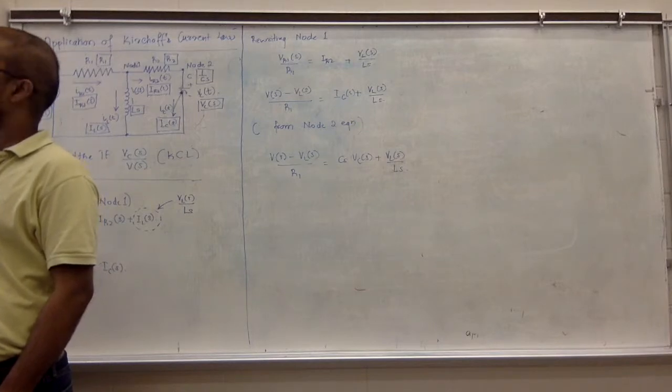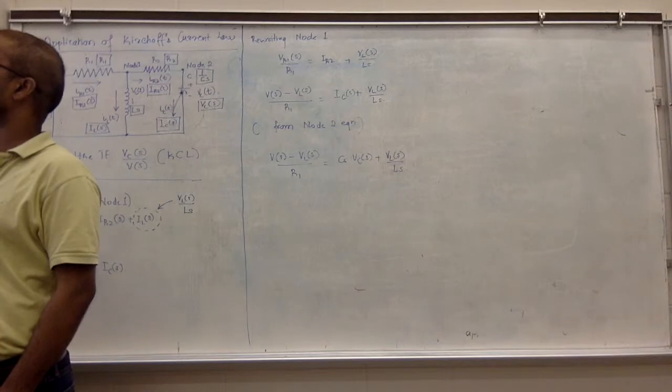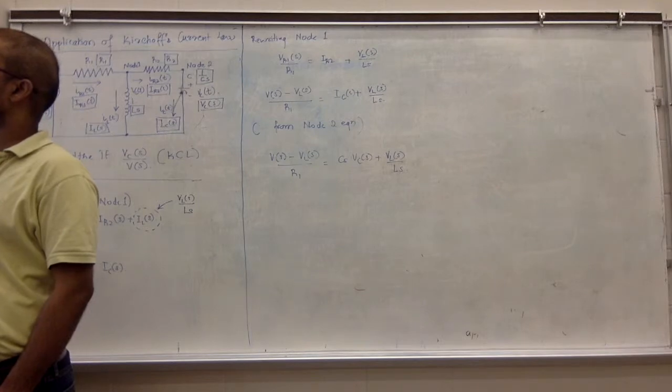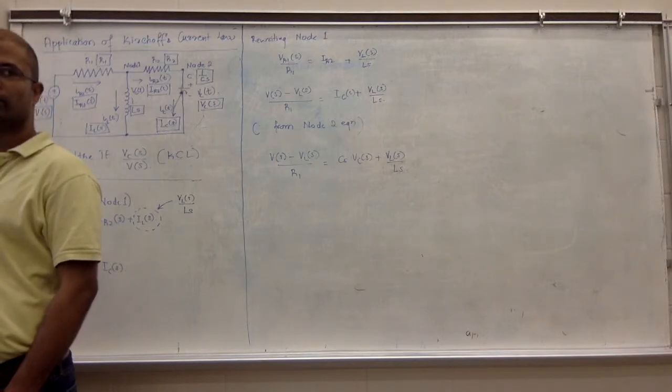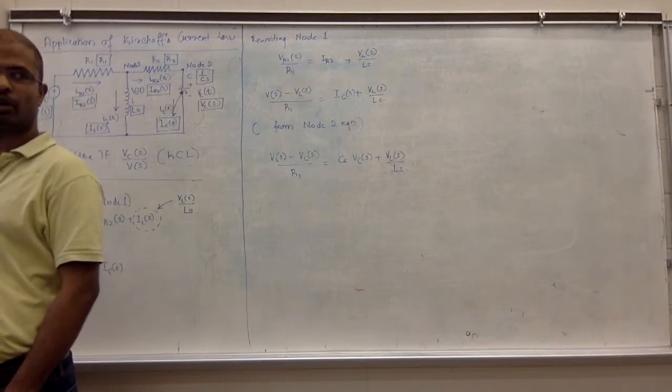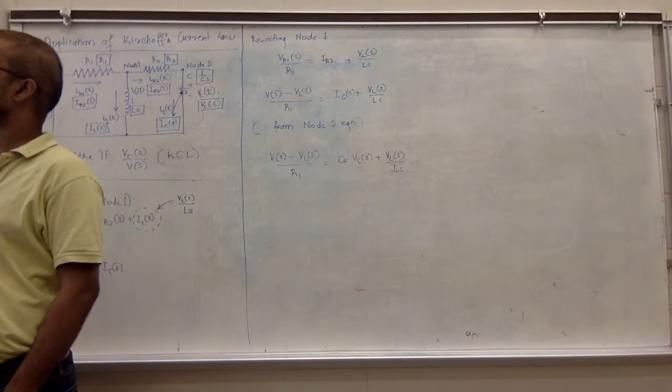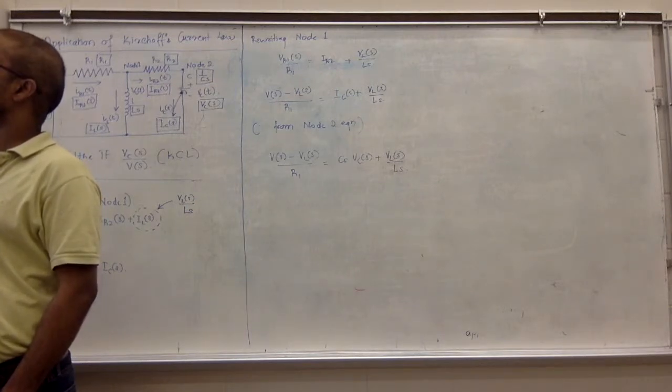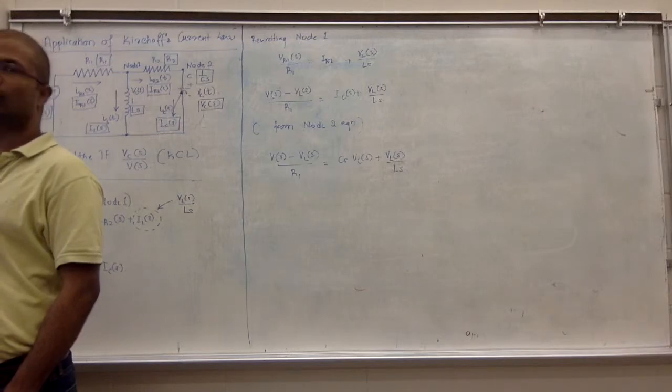If you differentiate this equation, you get this. But you don't have to worry about it for now. Just look at this column, it is very convenient. This is just the impedance. We have been talking about this impedance all the time. The impedance is nothing but voltage over current.